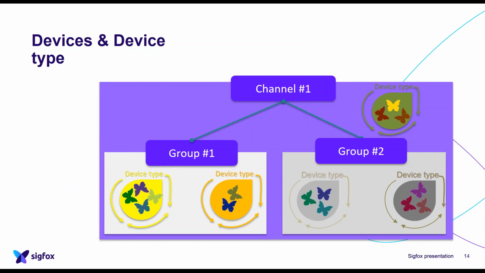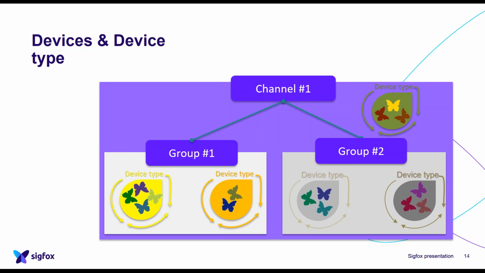In order to manage a device, we have the family of device, the device type. Inside one channel, so one group, you can find one or many device types. Each device type will be one family of devices, and you can have multiple device types per group, sorry.